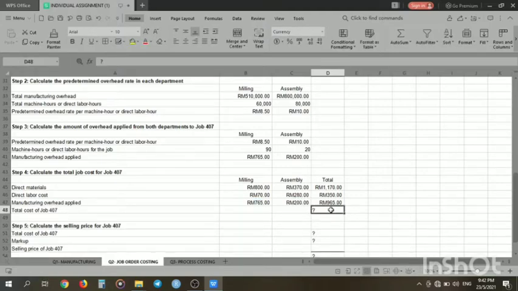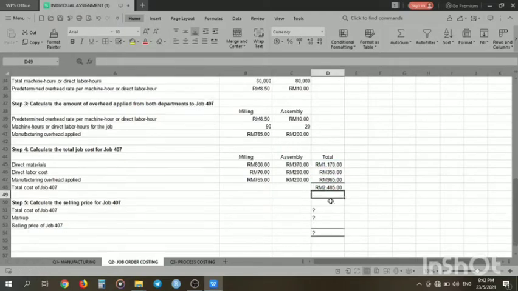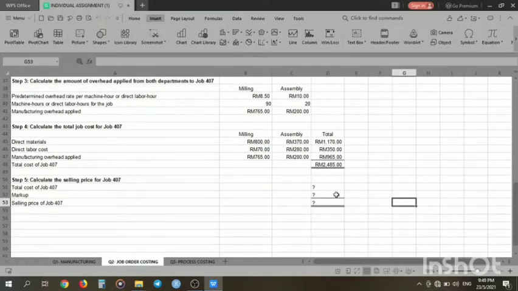To get the total, we sum up all the total for direct materials, direct labor costs, and manufacturing overhead applied. And we get the total job cost.